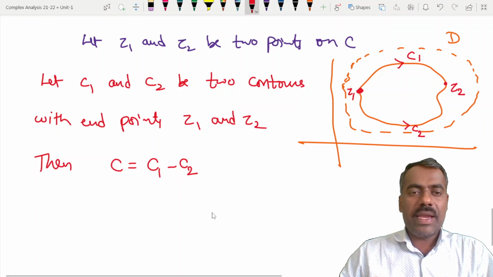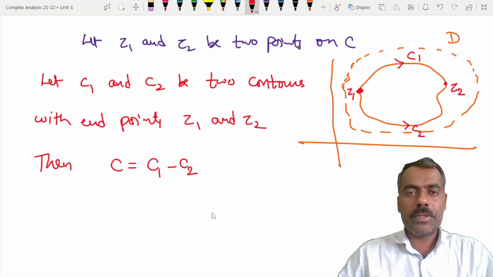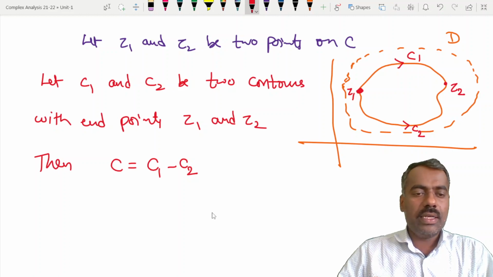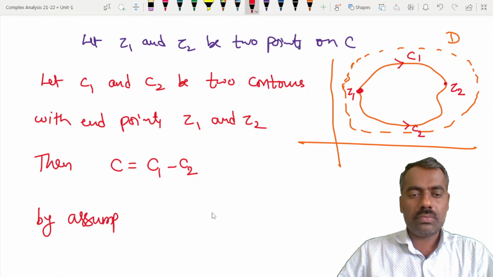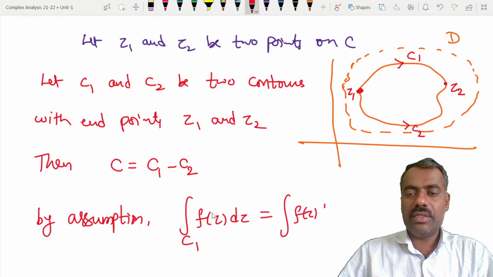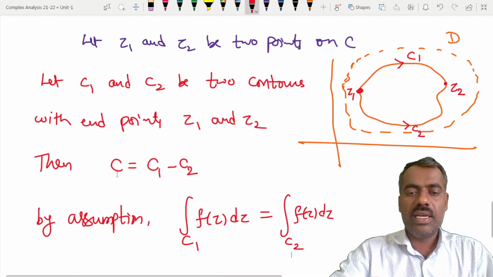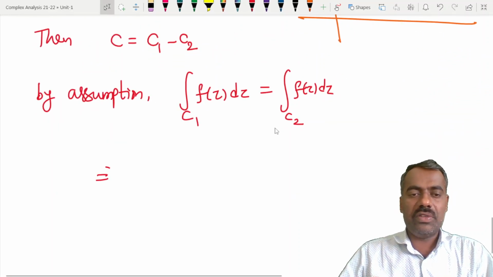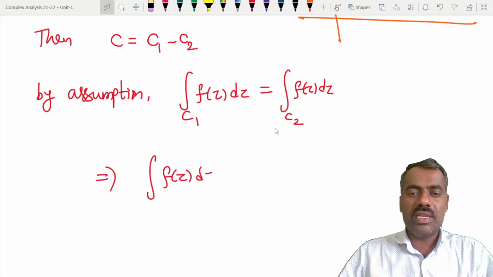Then by assumption, because C1 and C2 are two contours whose starting points and end points are the same, the integration of f(z) dz over C1 is the same as over C2. But then if you simplify this, what we get is the integration of f(z) dz over C1 plus the integration of f(z) dz over minus C2.